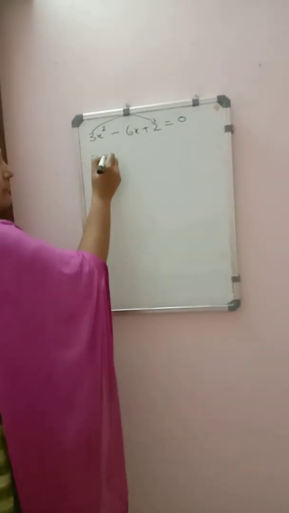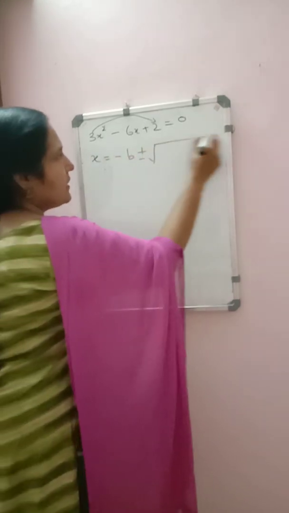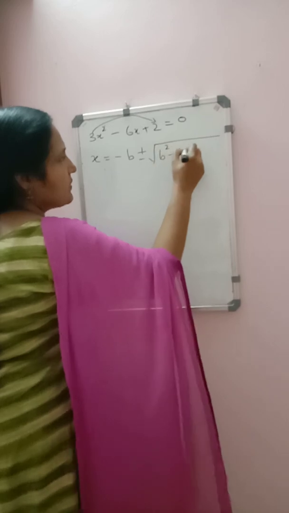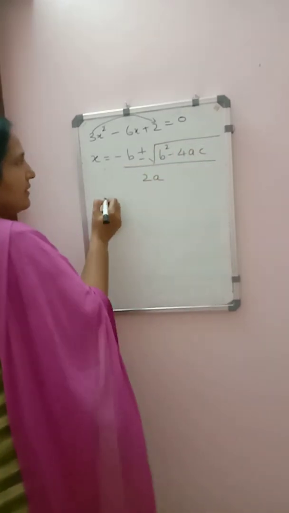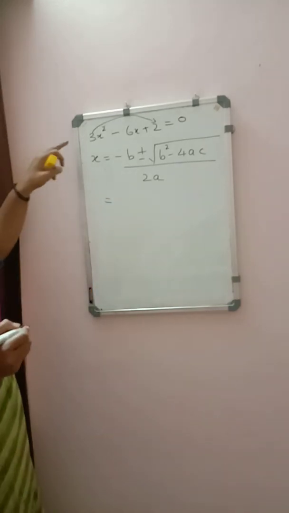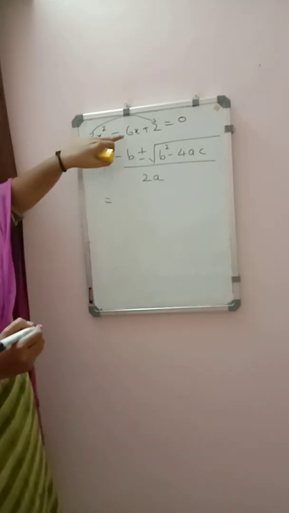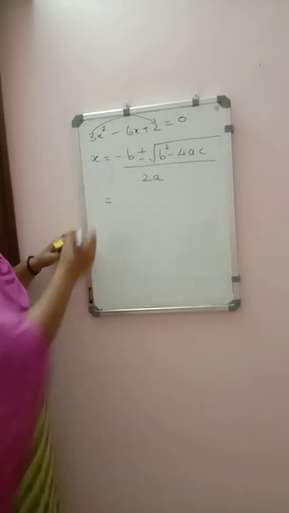X is equal to, formula was minus b plus or minus square root of b square minus 4ac by 2a. Now I am going to write the values directly. In place of a we have 3, in place of b minus 6 and in place of c 2.